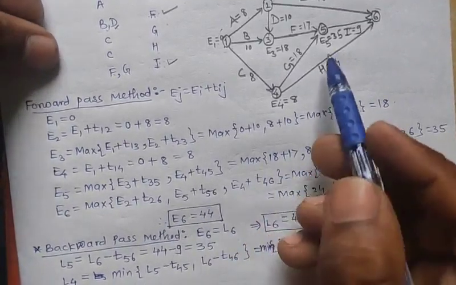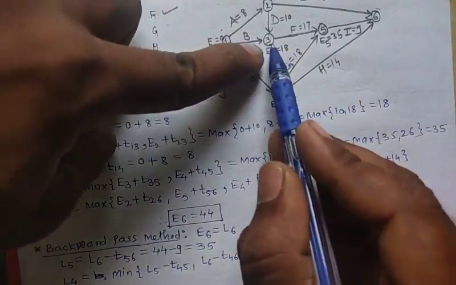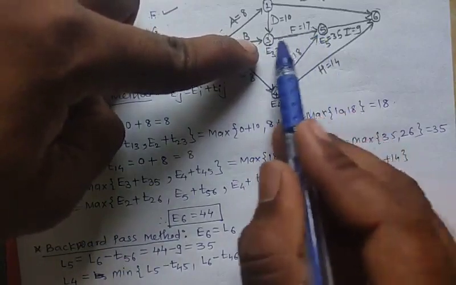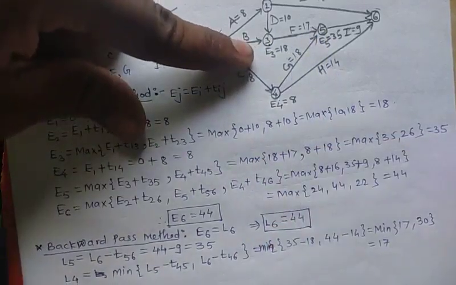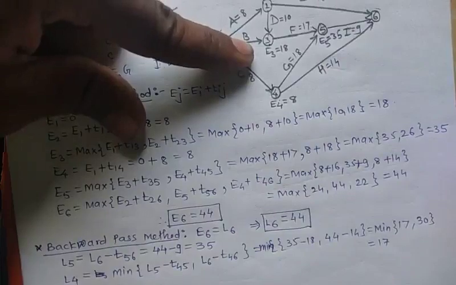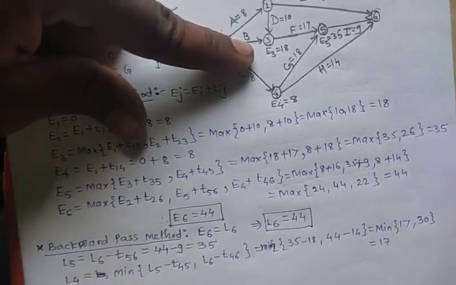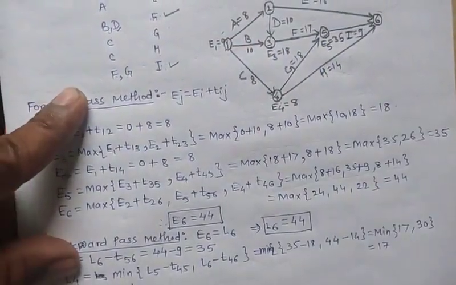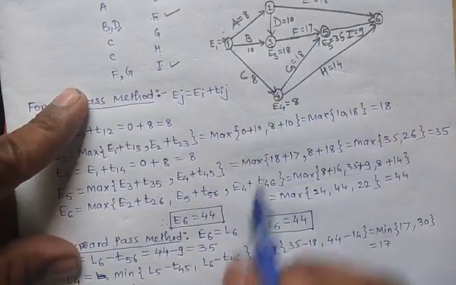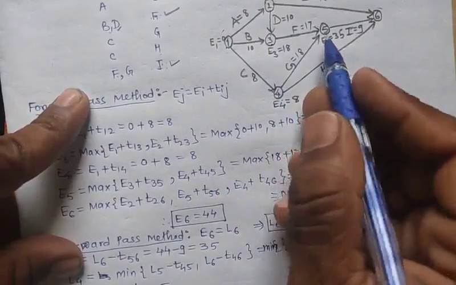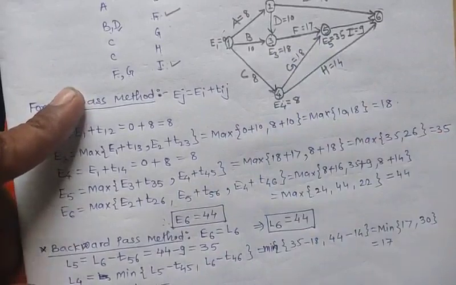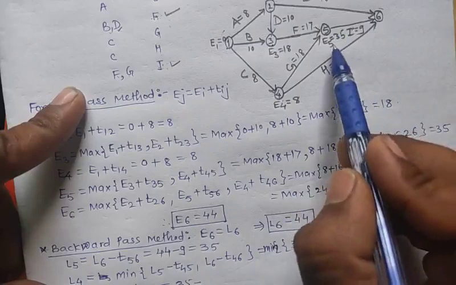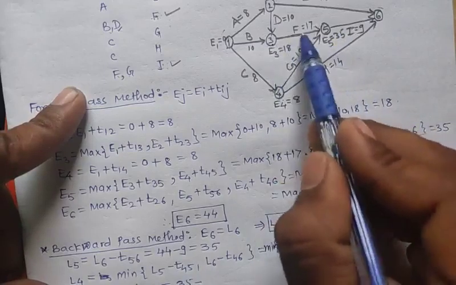Next we will calculate L3. From L3 we get only one arrow, to L5. So L3 is equal to L5 minus T35. The value of L5 is 35 minus T35, which has distance 17.